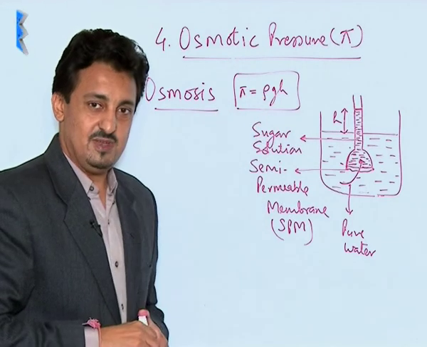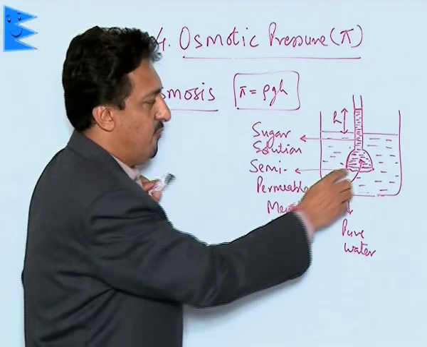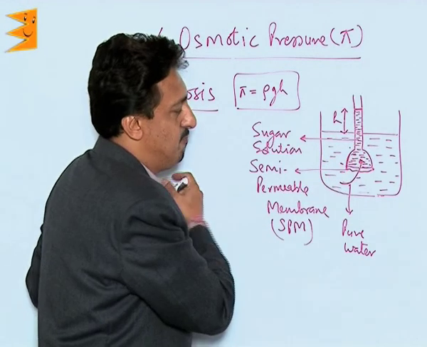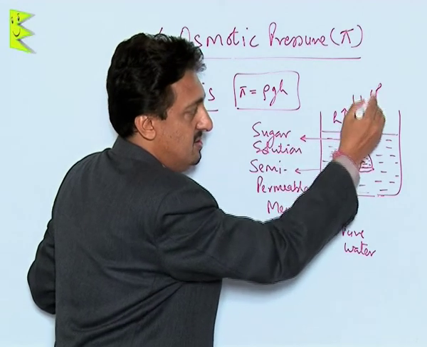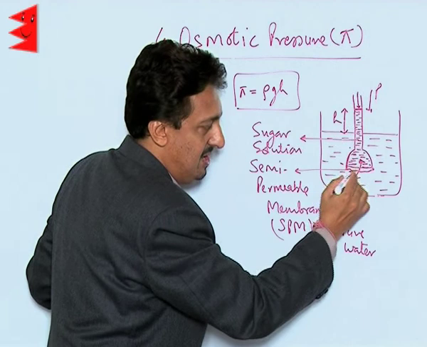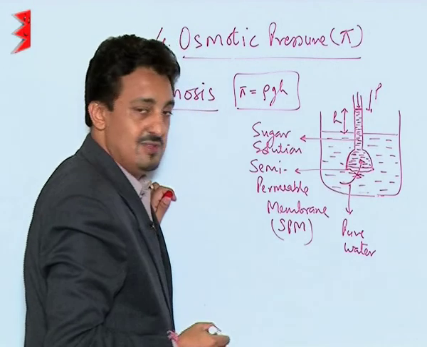So what is osmotic pressure? Suppose we want to stop the entering of the solvent molecules into this thistle funnel. We will put certain pressure on this thistle funnel from this side, so that we can stop the entry of the solvent molecules into the thistle funnel.